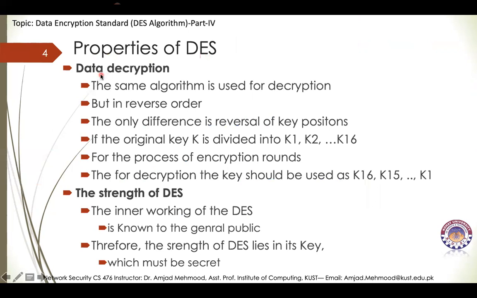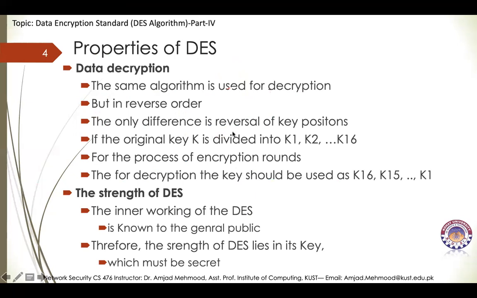As you know, I have mentioned that in the scenario of cryptography, encryption is done by the sender and decryption is performed by the receiver. The same algorithm is used, as DES is based on symmetric encryption. So the same algorithm will be used for decryption, but in reverse order.